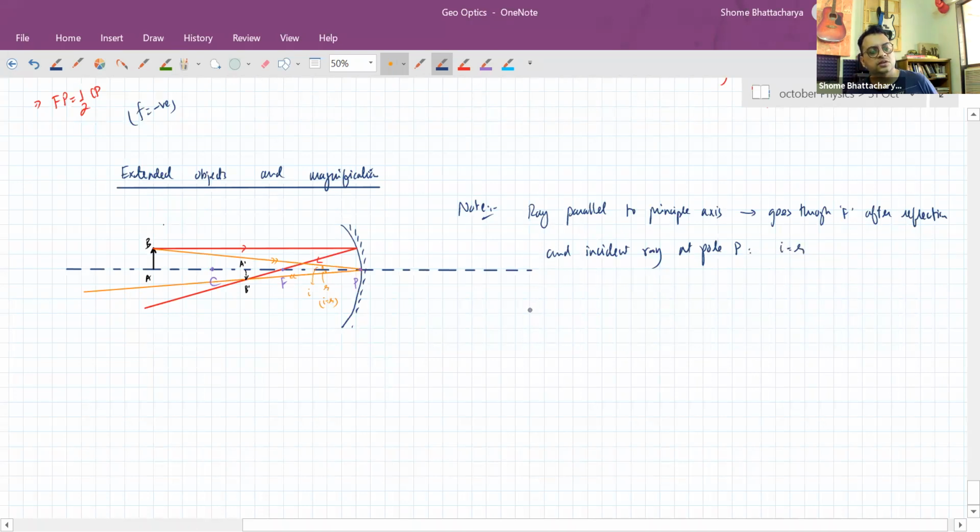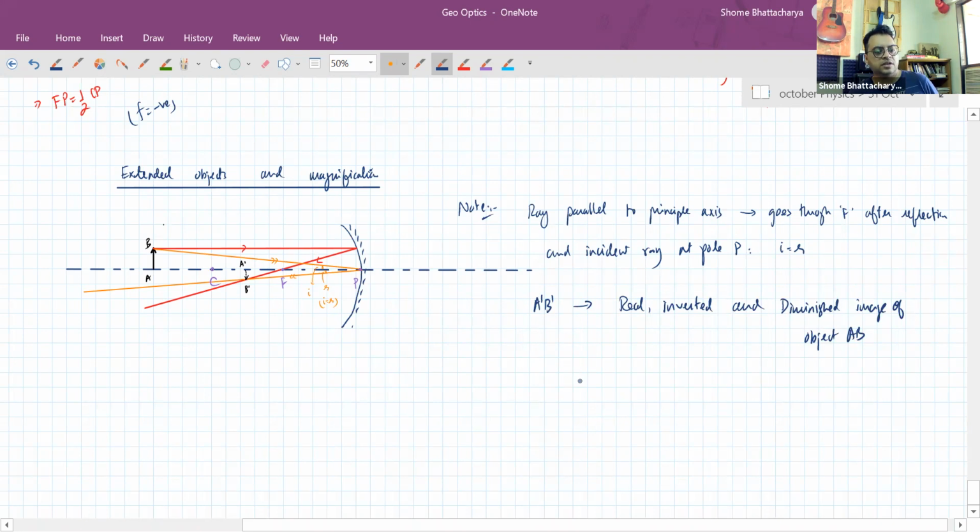Using that, now we can see that A prime B prime is the real, inverted, and in this case diminished, image of the object AB.